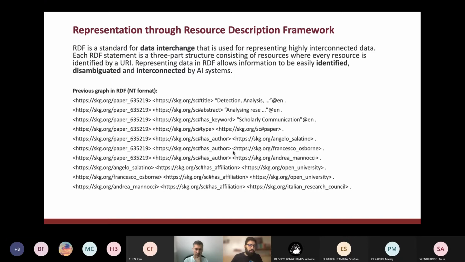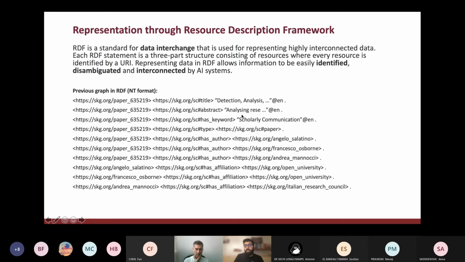And here there is an example. This is just a toy example, but here there is an example of how we can structure the picture that I showed to you before. So again, there is a paper with a URI that has got a title. So also relationships have got a URI. The only exception is for objects.